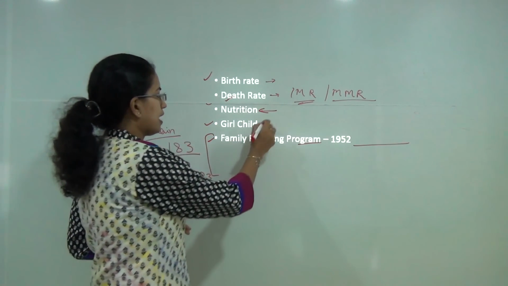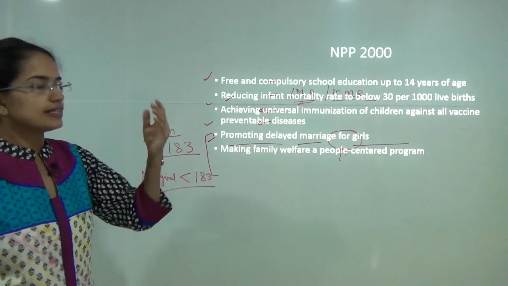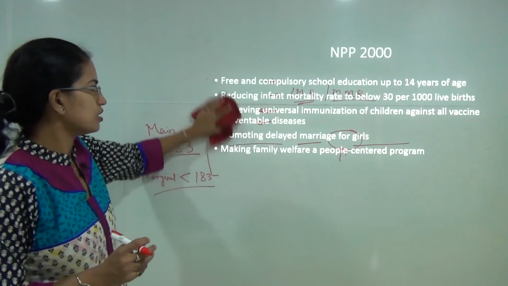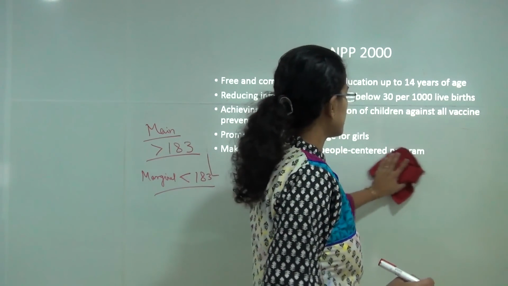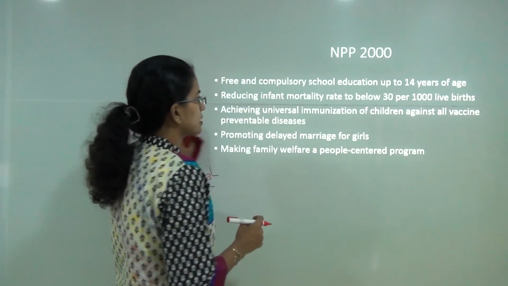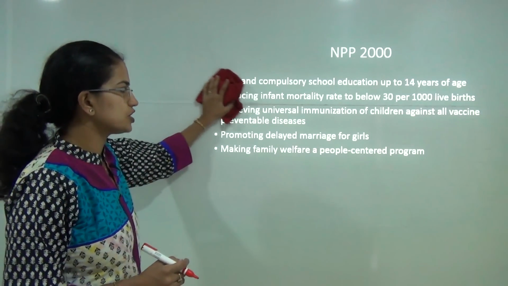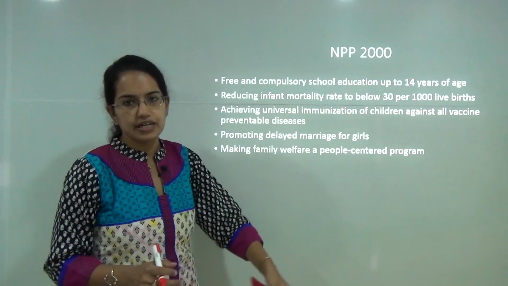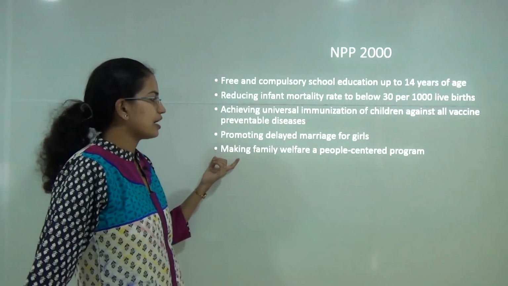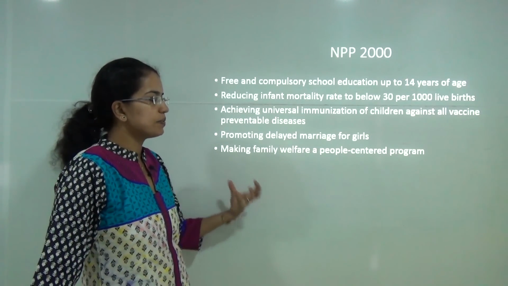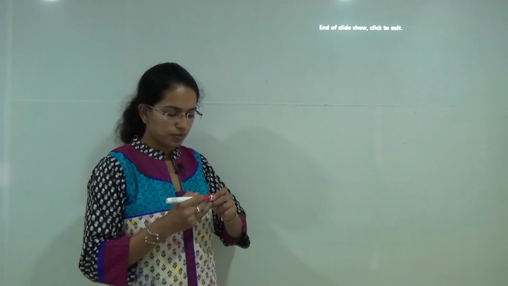Focus on the girl child and the family planning program, which was initiated in 1952, was further strengthened by the National Population Policy 2000, which talked about free and compulsory education up to 14 years, aimed at reducing the infant mortality rate to less than 30 per 1000 live births, providing universal immunization for children for all vaccine-preventable diseases, promoting delayed marriage for girls and making family welfare a people-centered program. So these were the basic focus and highlights of the National Population Policy 2000.